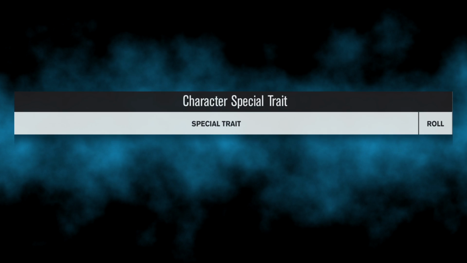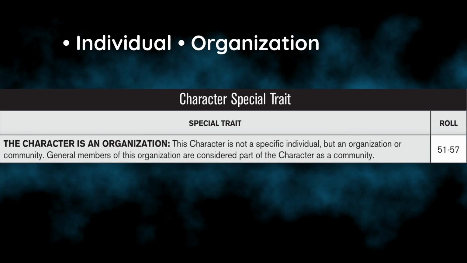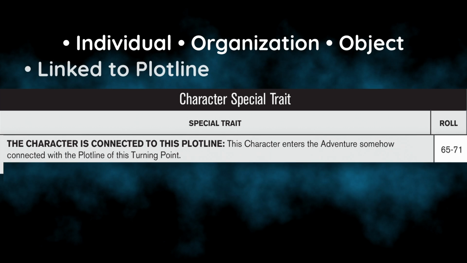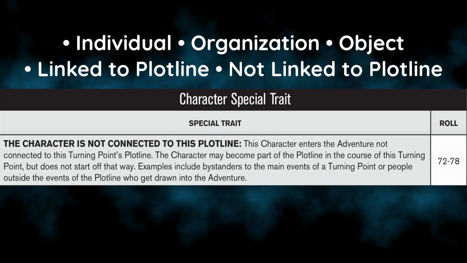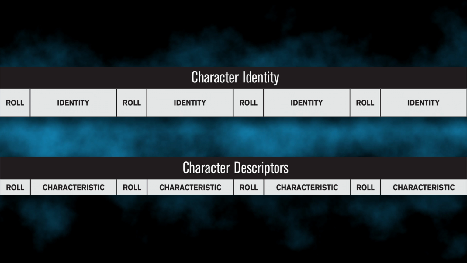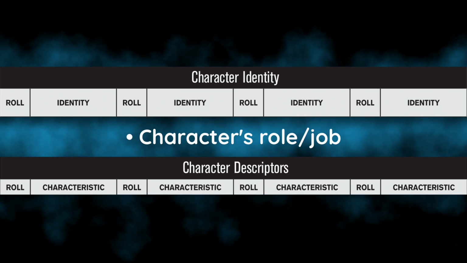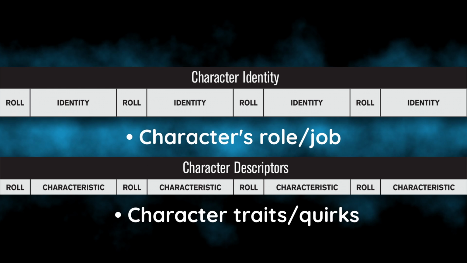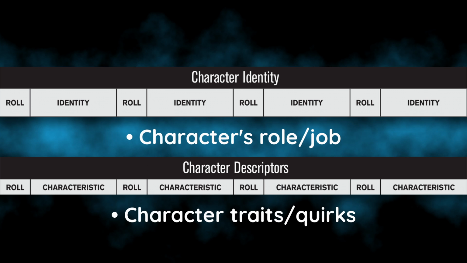Character special trait will tell you if your character is an individual, if it stands in for an organization, if it is an object, or if it relates to your plotlines or your other characters in some way. Meanwhile, character identity and character descriptors will give you 1 or 2 keywords. The first one will give you what job or skills they have, while the second table provides you with a character trait such as beautiful, or wild, or sneaky.